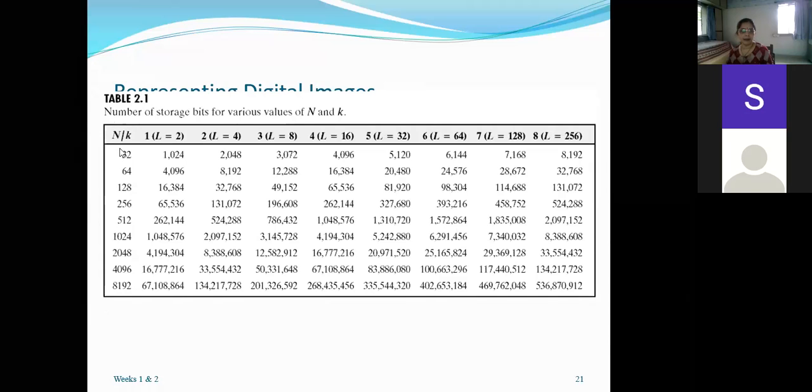And if the image size increases from 32 to 64, you can observe a large number of bits are needed to store the image. And when the image size is very large, like 8192 by 8192, you need 536870912 bits to store that image.